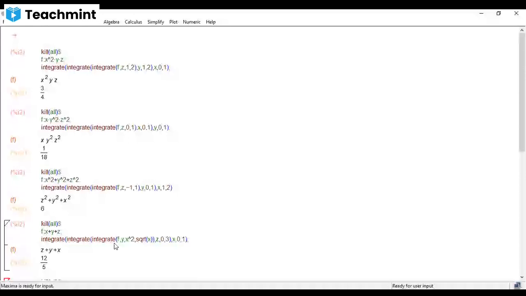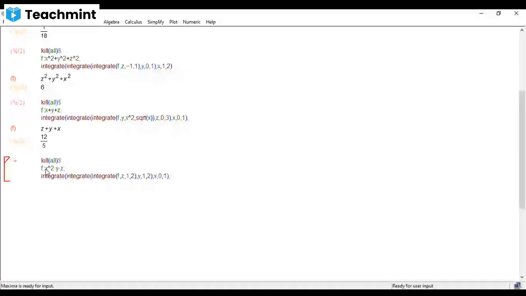Next one is, we have to integrate e to the power of x plus y plus z. So let me write, plus z. Let me take a bracket for this. Okay, so I need e to the power of x plus y plus z. How are you going to write the e?